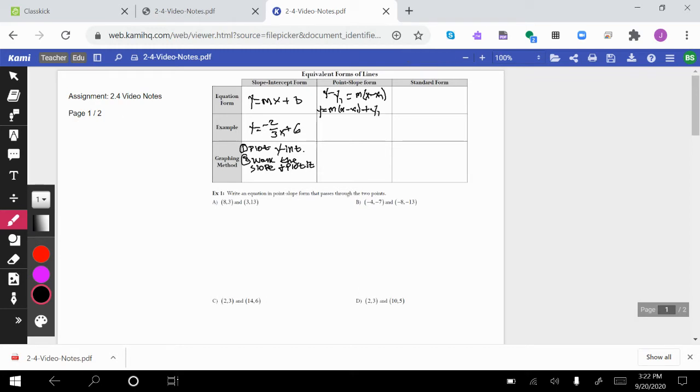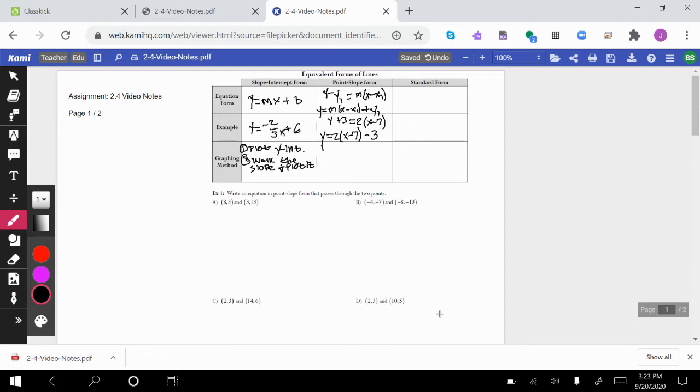Because we move that minus y1 over to the other side. An example of this would be y plus 3 equals 2 times x minus 7, or you could write that as y equals 2 times x minus 7, minus 3, right? Because we're moving that 3 over to the right.